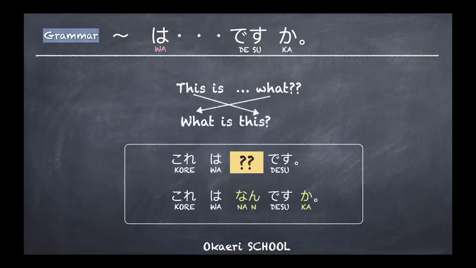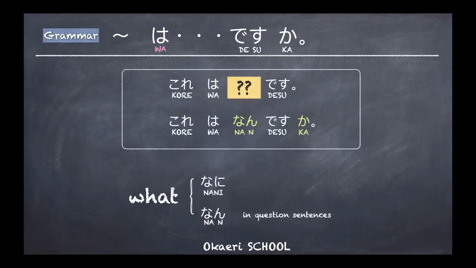You replace that part with nan. And you mark it as a question sentence. So you just put ka at the end, and that's it. So you don't have to worry about the order. You can just start with これは what is it? 何ですか? これは何ですか? So this structure.